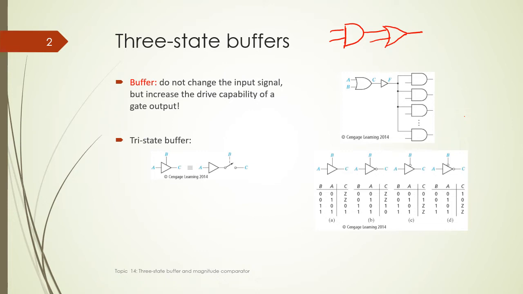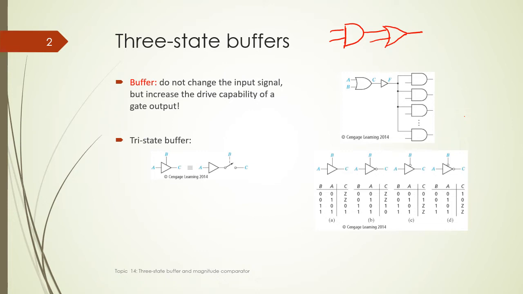But today, the buffer we are talking about is a special buffer. It's called tri-state buffer. From the name tri-state, you probably can figure out that this buffer has three outputs. Before this slide, everything we talked about has only two values, right? We're talking about only Boolean values, 0 or 1.